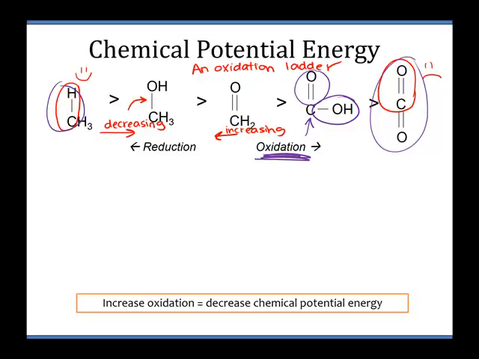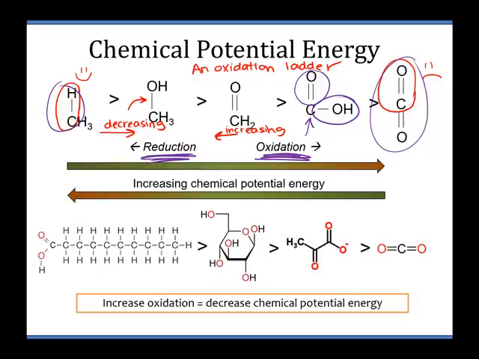So as we go from CH to COH, we oxidize. The opposite is called reduction. As we move from right to left, from COH to H, we are reducing. So reduction to the left, oxidation to the right. We'll get into why it's called reduction and oxidation on the next couple slides.